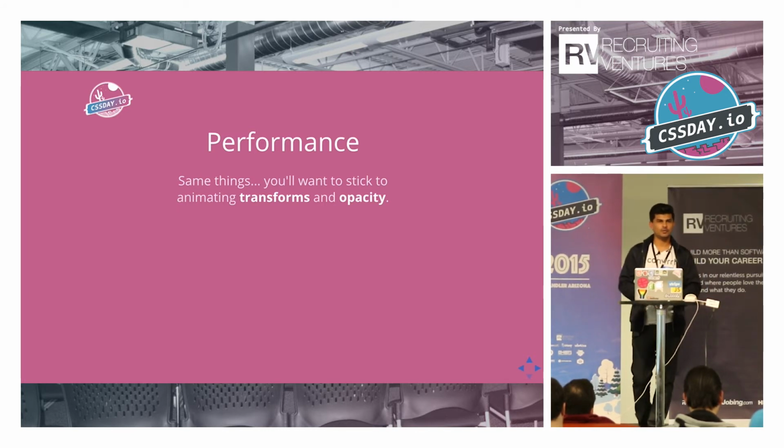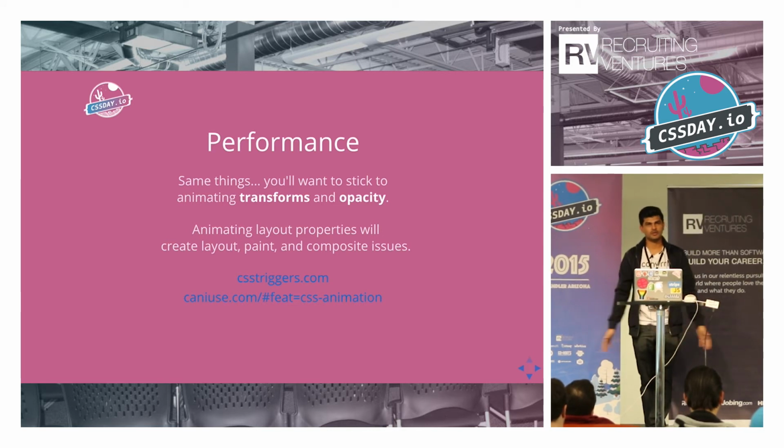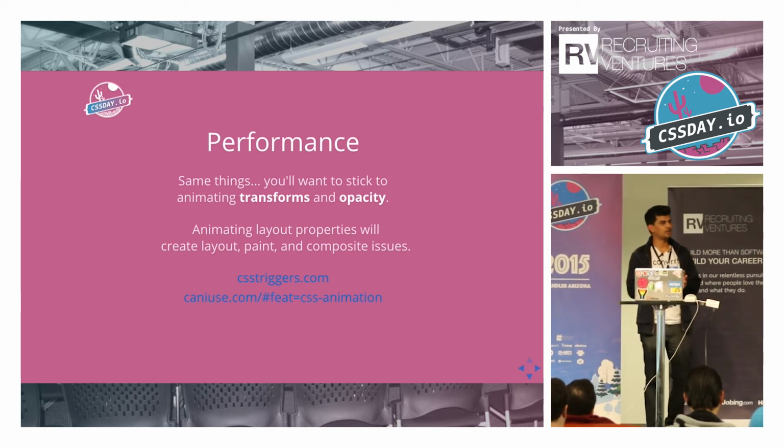If you overwhelm your browser with a lot of these, it could be costly on your user's browser, I must say. Animating layout properties creates a lot of paint and composite issues. So that's what I was trying to get at: try not to use this as much, but when you use it, you can create some really cool interactions with it.